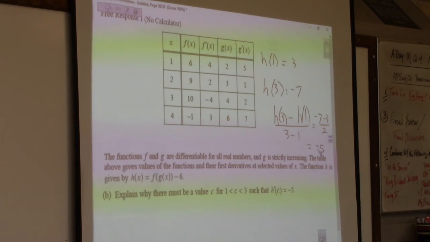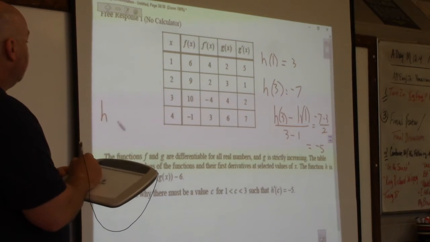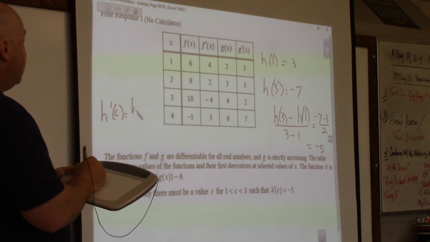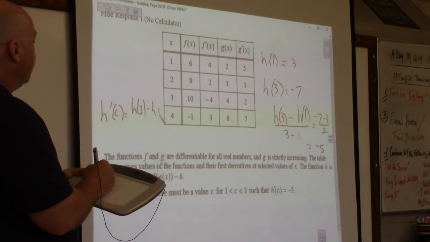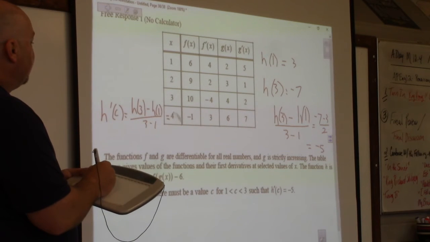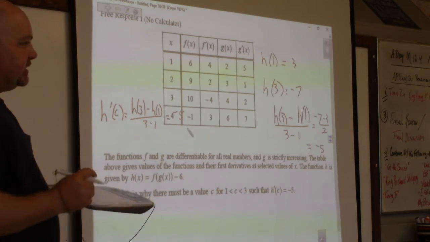So now, if the right-hand side equals negative 5, what does that mean about the left-hand side? Remember, the mean value theorem means that h prime of c would have to equal h of 3 minus h of 1 over 3 minus 1. Well, we've already proven that that equals negative 5. So that means that h prime of c has to equal negative 5 also.